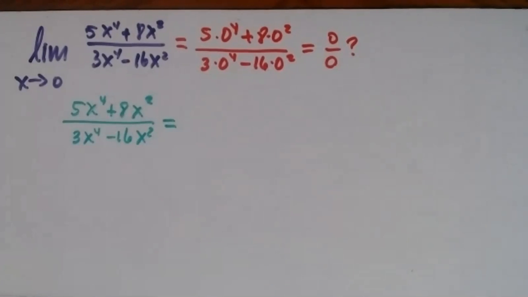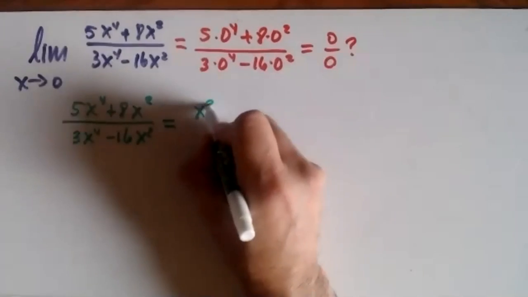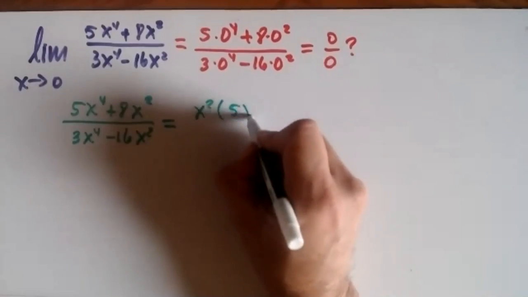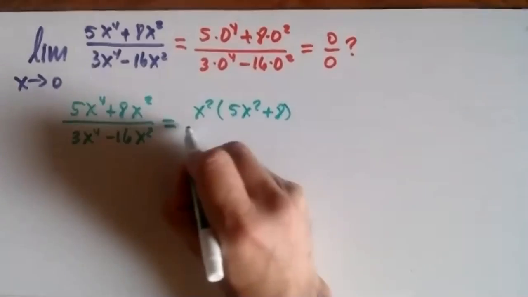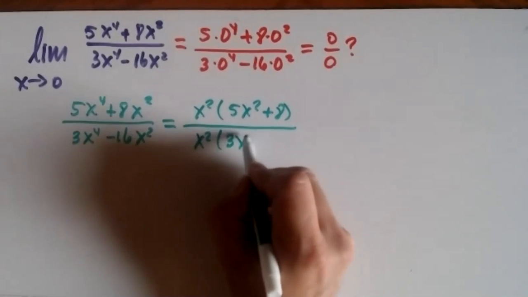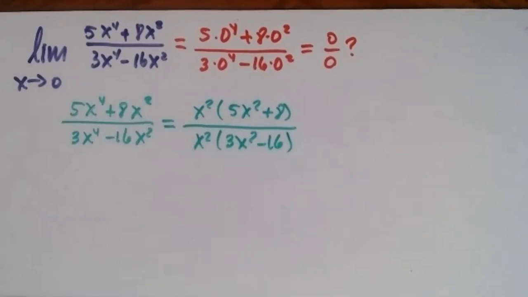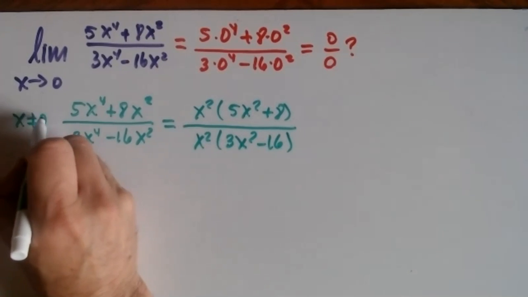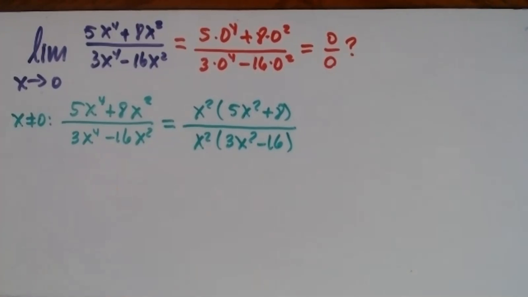Now, we have to factor and cancel. So I'm going to factor here completely, and I'm going to factor here completely. Correct?